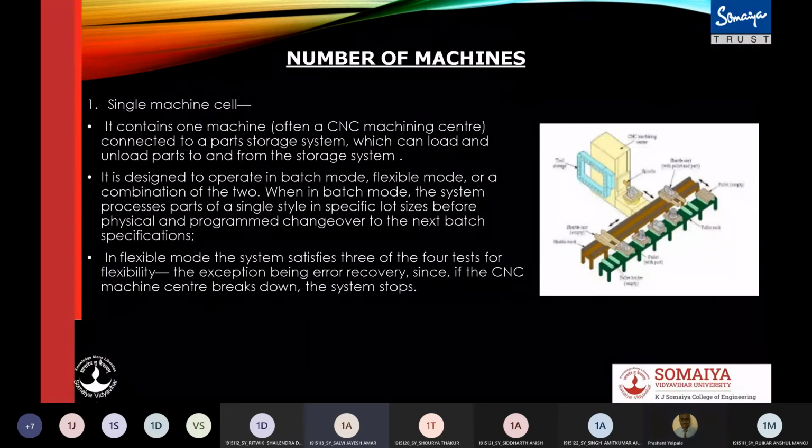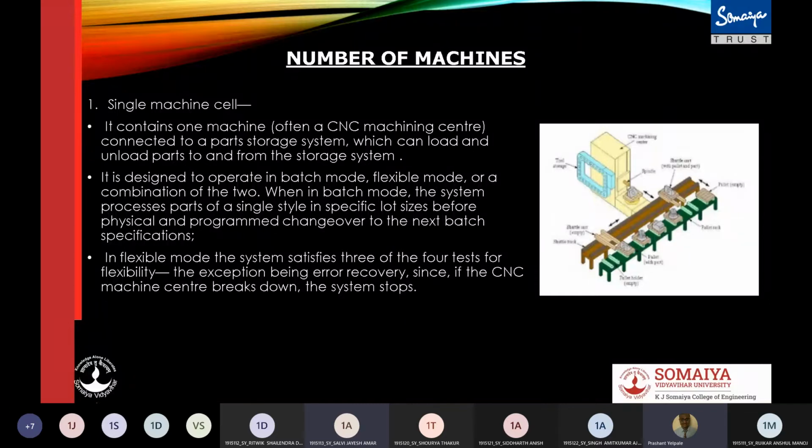So another classification is the number of machines. There is single machine, there are 2 or 3 machines, and there are multiple machines. I'm going to speak about the single machine cell. It contains a single CNC machine connected to a part storage system which can load and unload from the storage system. It is designed to operate in two modes basically, batch mode and flexible mode.